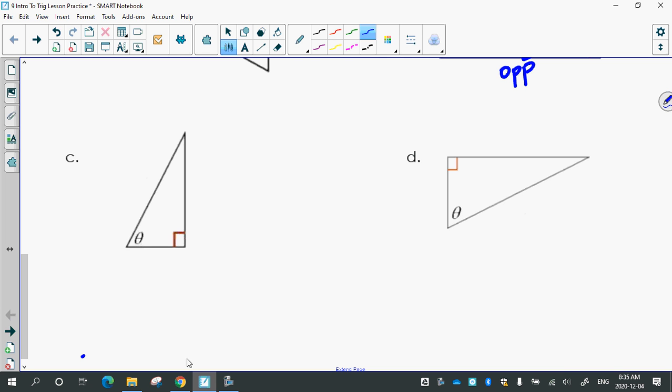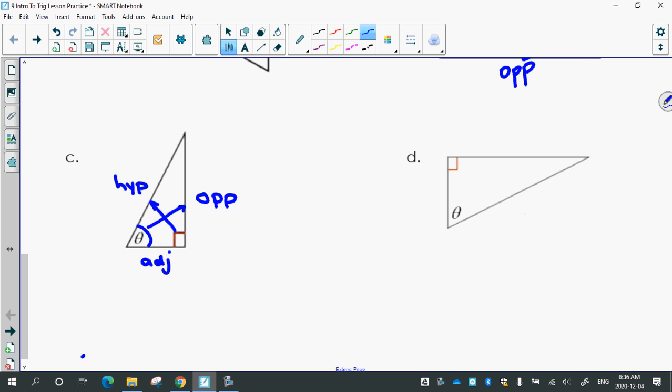Okay, so if I was doing C, here's my right angle, so this is my hypotenuse. The angle I'm naming from is theta, so the side across from it is the opposite side. And then the side that helps form the angle, or the leftover side, in other words, is the adjacent side.